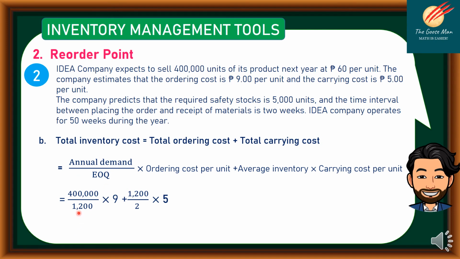EOQ is 1,200 based on our computation a while ago. Then the ordering cost is 9 pesos, plus the average inventory. Take note that it is EOQ divided by 2. Our EOQ is 1,200, divided by 2, times 5 pesos, which is our carrying cost. So using our calculator, we have 6,000 pesos.